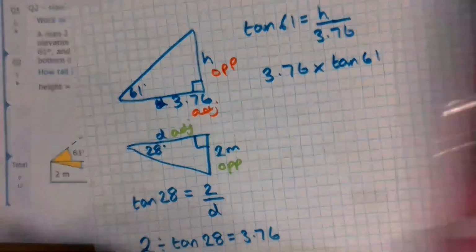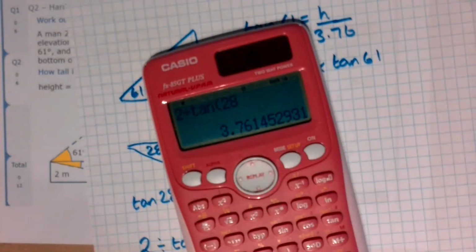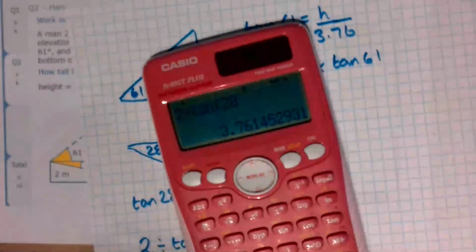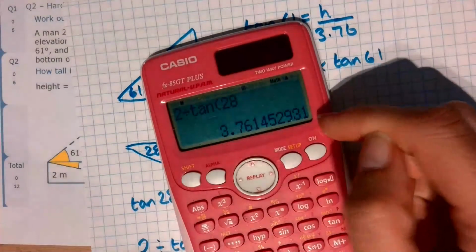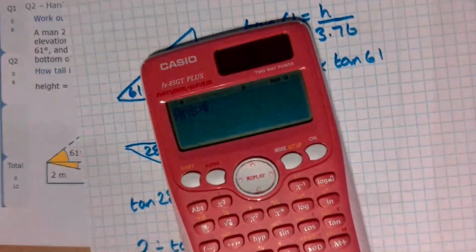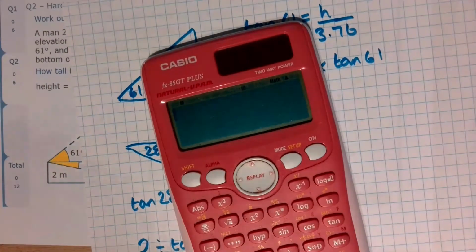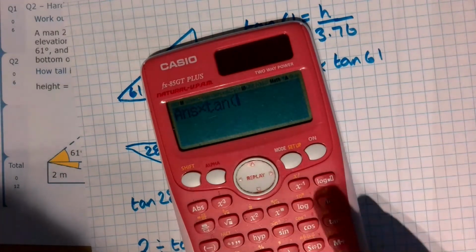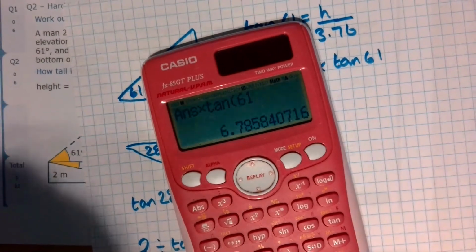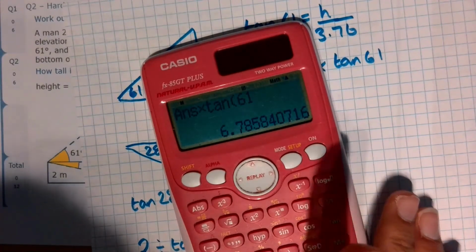Now you'll notice I still had this long number in my calculator, so I'm going to keep that there. Rather than press clear and type in 3.76, this is more accurate, so I'm just going to click times. Now if I had forgotten and had done all clear, I could still press answer and it would bring that up for me. So answer times tan 61, giving me 6.785.